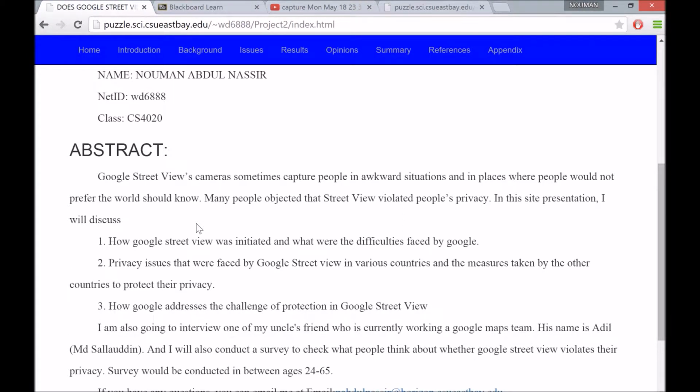Sometimes, when it's about Google Street View, whenever Google is trying to take pictures of the buildings and the streets, it also captures pictures of people and cars and their license plates.